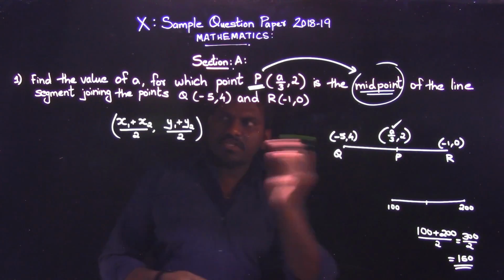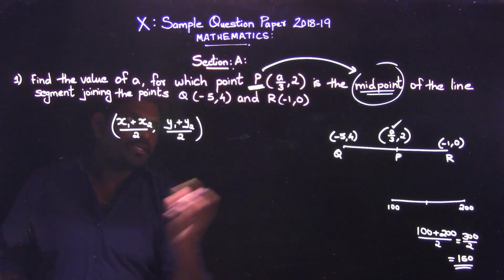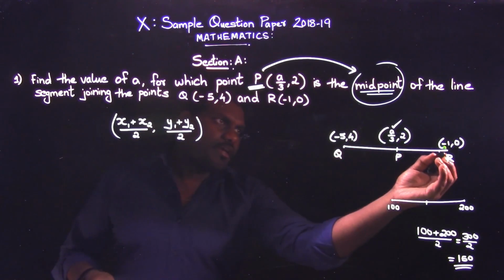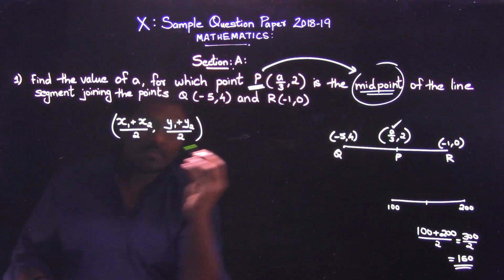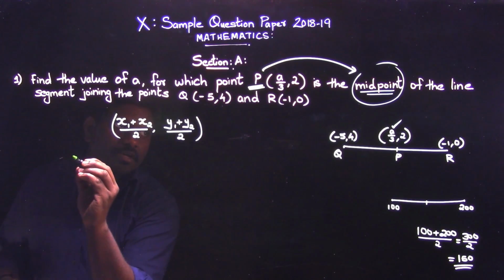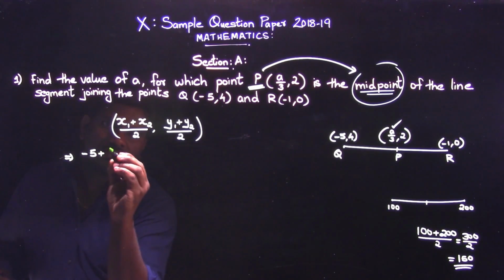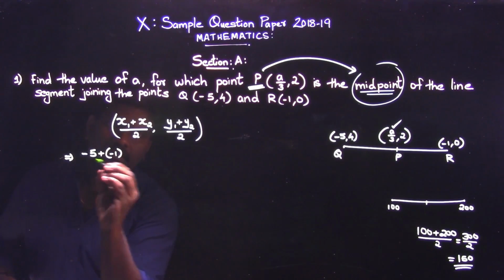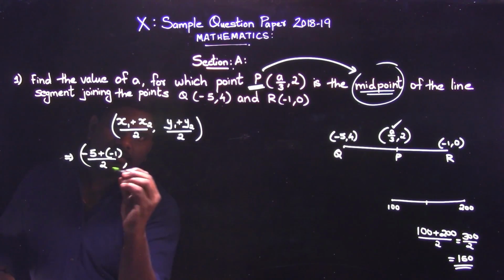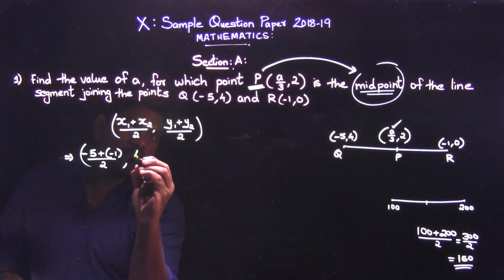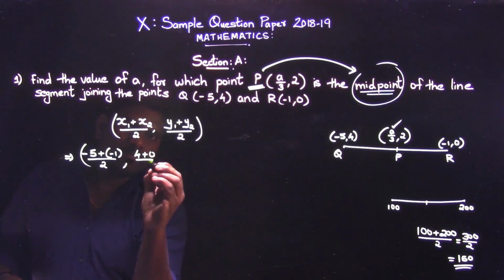So just substitute the same thing here. This is x1 and y1, x2 and y2. If I add it, it's going to be minus 5 plus minus 1 by 2, comma 4 plus 0 by 2.